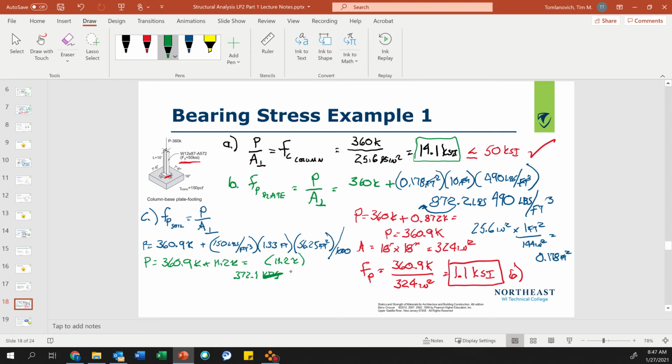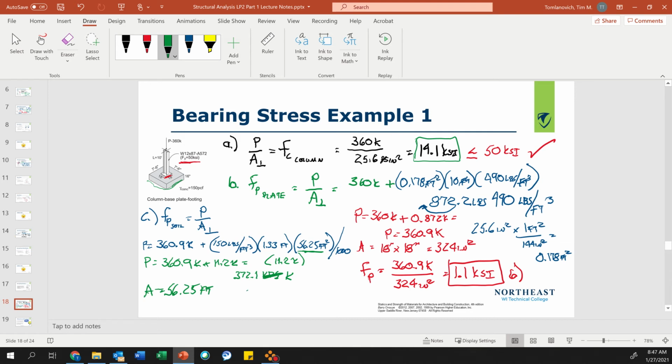Area equals, so now that weight is spread over the bottom area of this footing, which is 7.5 feet times 7.5 feet. Let me double check my numbers. 7.5 squared, yep, 56.25 square feet.